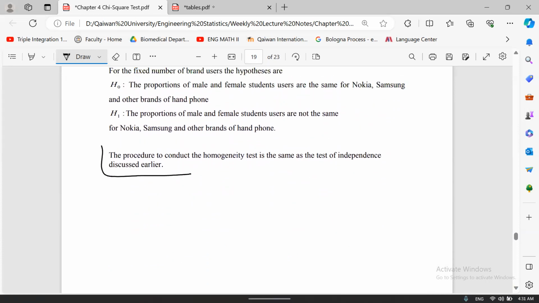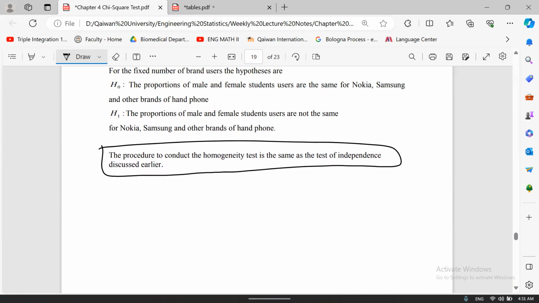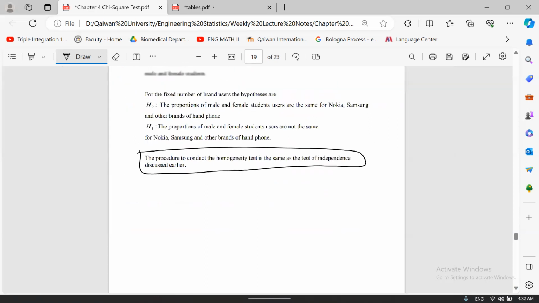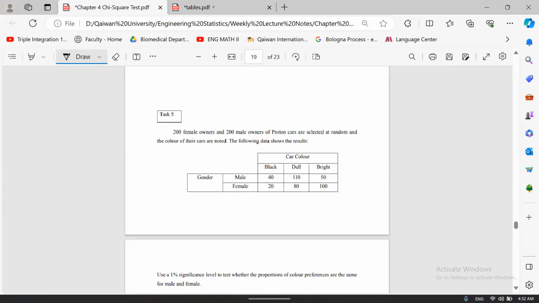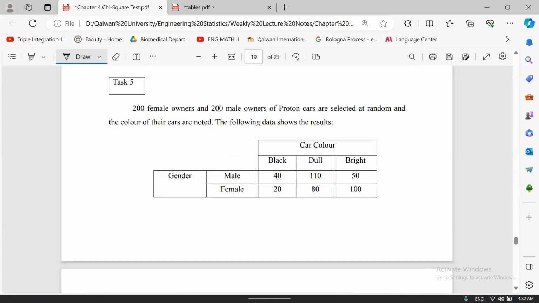The procedure to conduct the test of homogeneity is the same as the test of independence discussed here. So we don't solve examples here. We just look at this example. As you see, even the format of the example is the same as before. The observed frequencies are given.